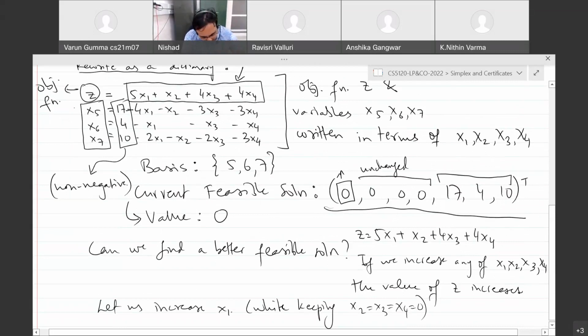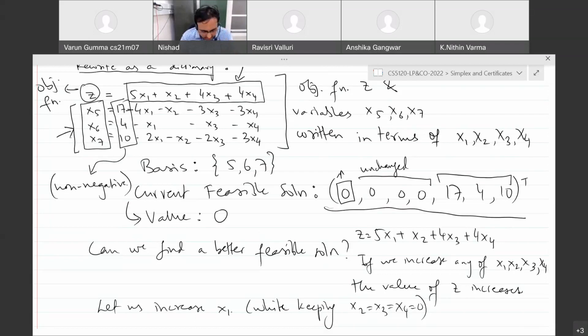Let us look at these three conditions here. Can I increase x1 to 6? No, x6 will become negative. Exactly. So we can't increase x1 all the way to 6.